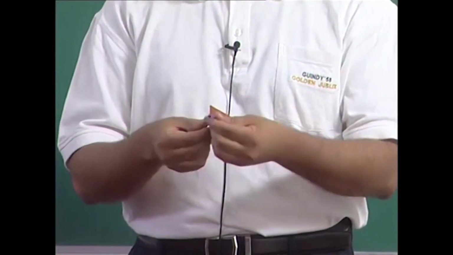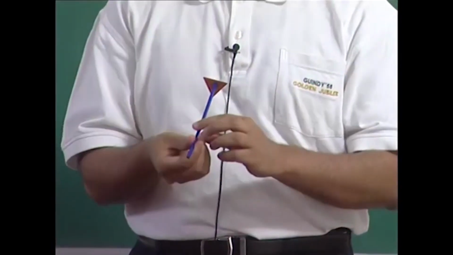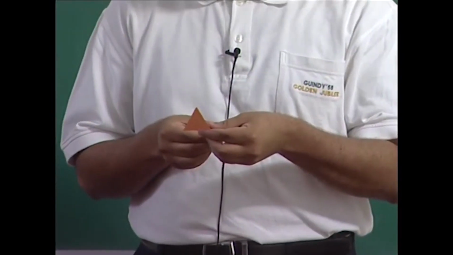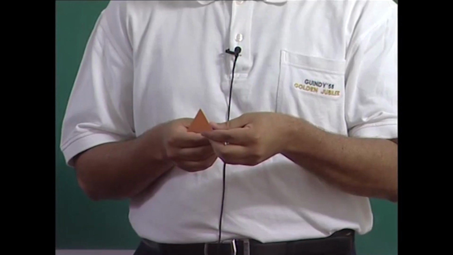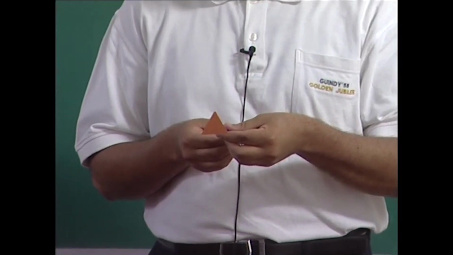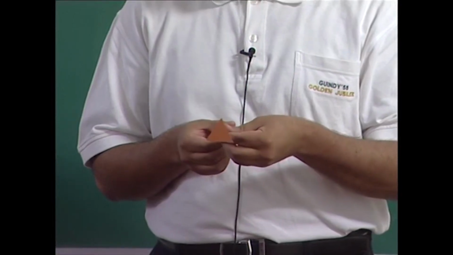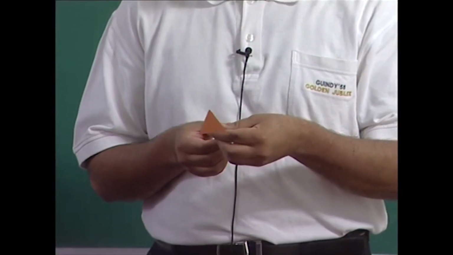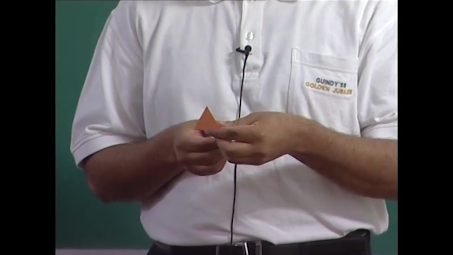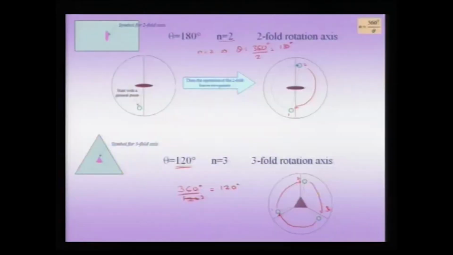Let me rotate it around so that you can see the triangle better. I have a three-fold axis and I rotate by 120 degrees, I land up with a triangle pointing upwards. I rotate again by 120 degrees, I land up with a triangle pointing upwards. Therefore, a three-fold axis leaves a triangle as a triangle before and after its operation.